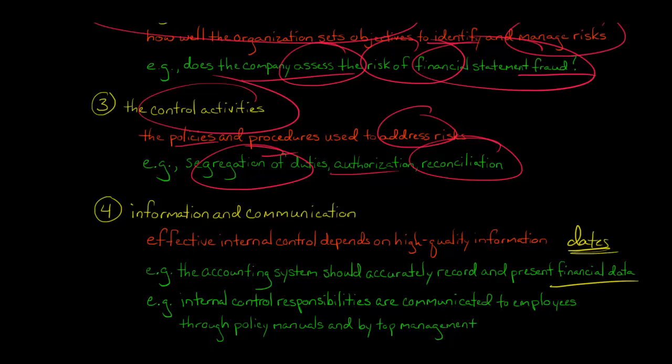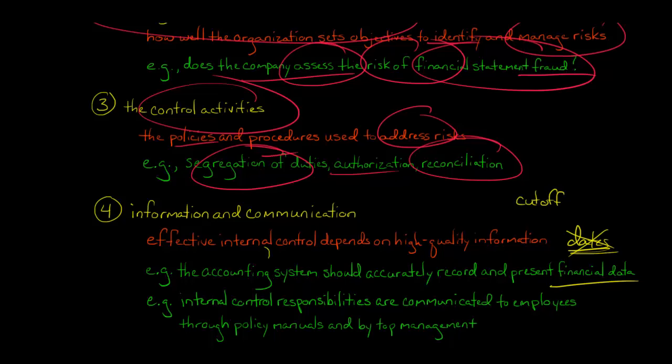That would be pretty ridiculous. That's a pretty poor accounting system. But let's say that's the case. If you don't have that information, then it's going to be difficult to assess things like cutoff, when a sale was actually recorded and so forth. Was it recorded in the proper period or was it recorded in the wrong period?